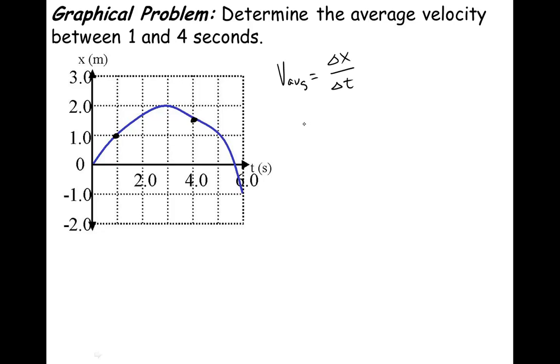So the average velocity is equal to 1.5 meters minus 1 meter over 4 seconds minus 1 second. And so that gives us a value of just about 1.7 meters per second.